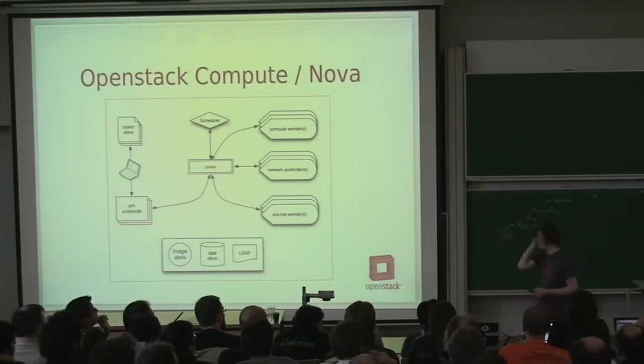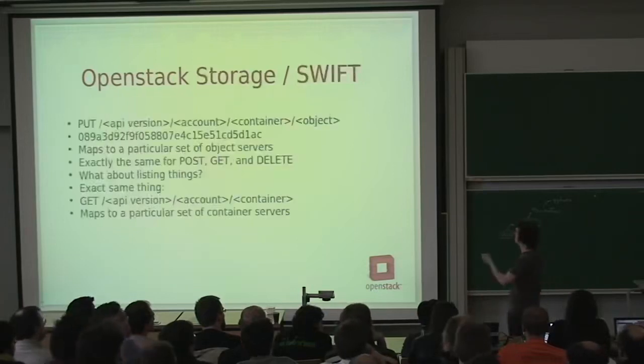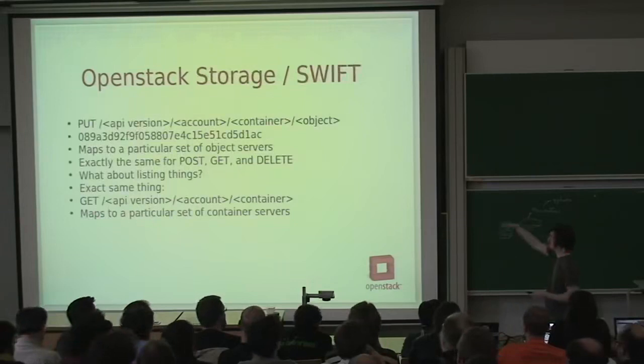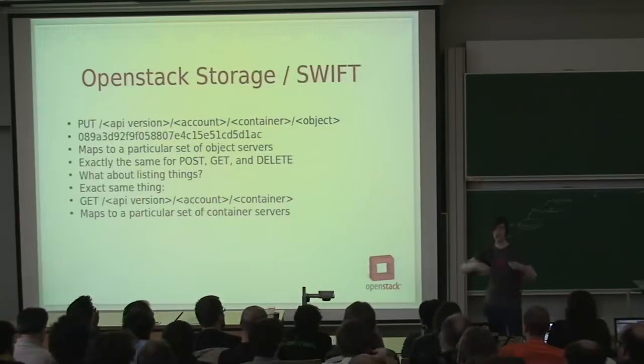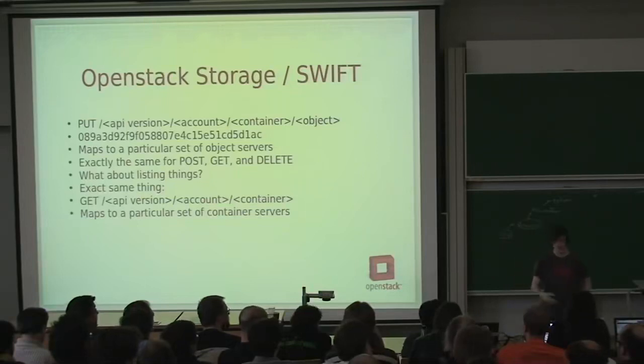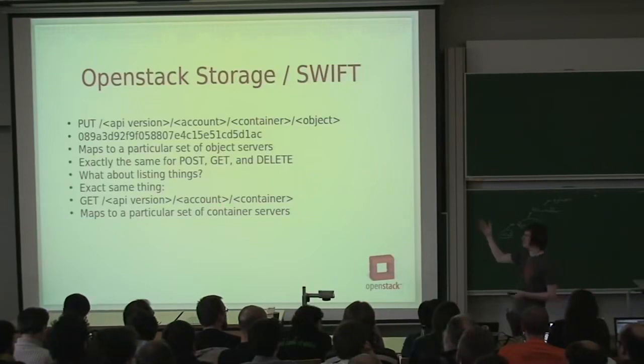Right. Okay, so the question is, when you are using this whole thing to figure out where stuff goes and where you can find it again when you need to look for it, what happens when you scale out and add more servers, because then this mapping isn't going to match anymore?